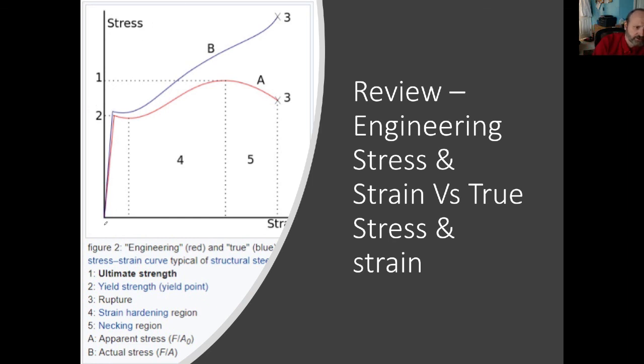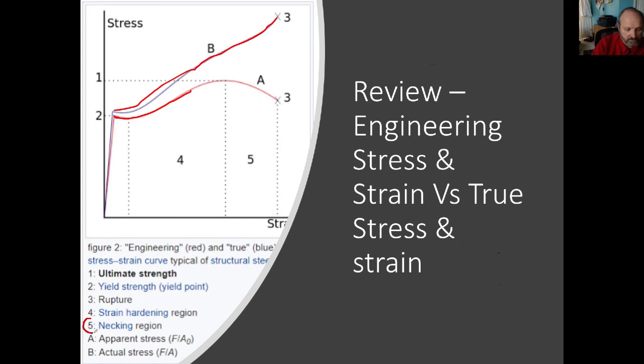You can see it's a very sharp elastic region, and then right when it yields, it starts to look like this for the engineering stress and strain. And then the true stress and strain takes into account the cross-sectional area getting smaller, and the true strain takes into account the instantaneous strain as a function of L. So that gives you this blue curve here, which I'm coloring red right now. So that's an overlap.